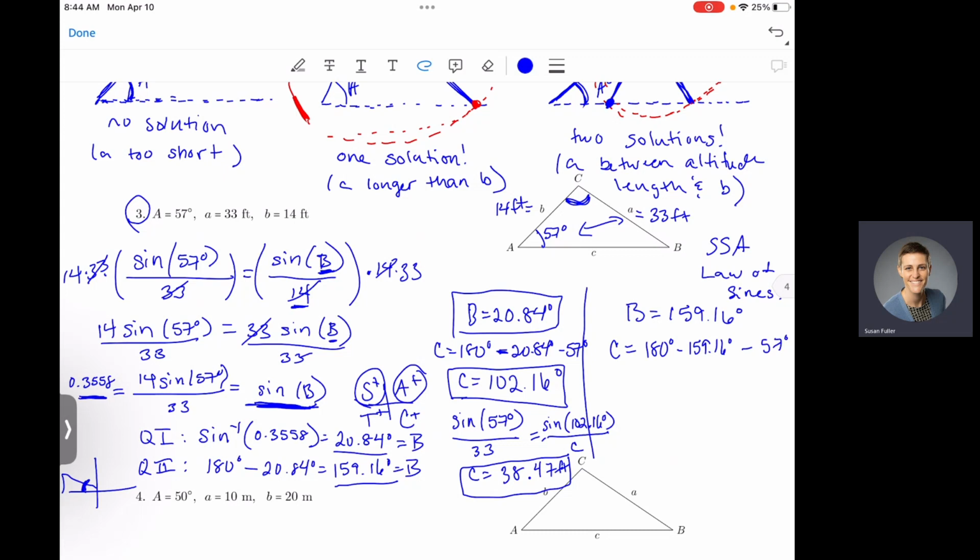When I do that, I get 180 minus 159.16 minus 57, which is negative 36.16 degrees. There's not enough degrees in a triangle to support B being this big. That means this doesn't work. I don't have a solution for this one. This is the only solution here. This is a one solution situation.